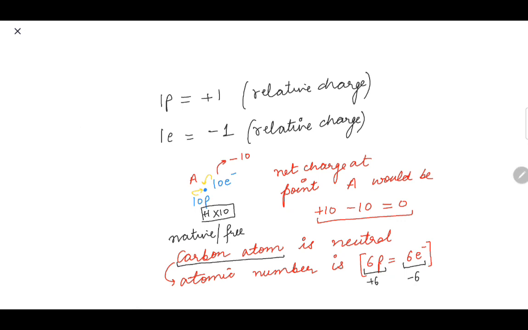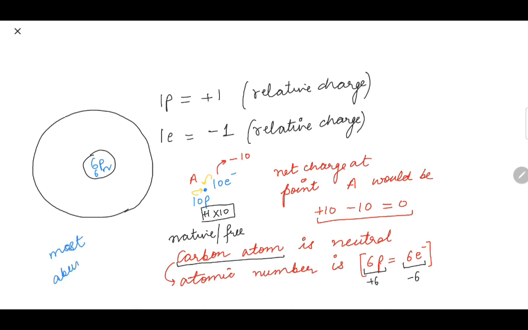Now, when I look at these electrons, what is the structure? What is the nature of the carbon atom? The nature of the carbon atom is like this, that it has a nucleus, and the nucleus consists of 6 protons and 6 neutrons. Okay, we are talking about the most abundant type of carbon, which is carbon 12.